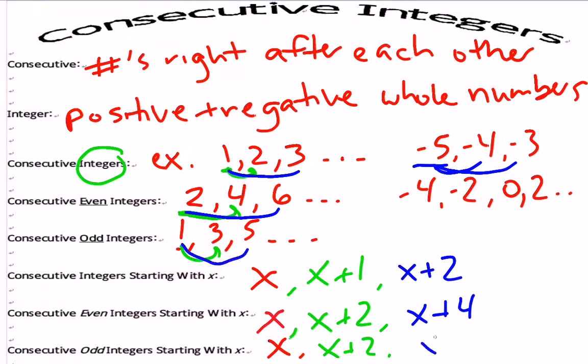I still do x plus 4. So notice my answer ends up being the same for even and odd. It just depends on whether the number I'm starting at is even or odd. All even numbers are 2 apart and all odd numbers are 2 apart. So that's why it's plus 2, plus 4.